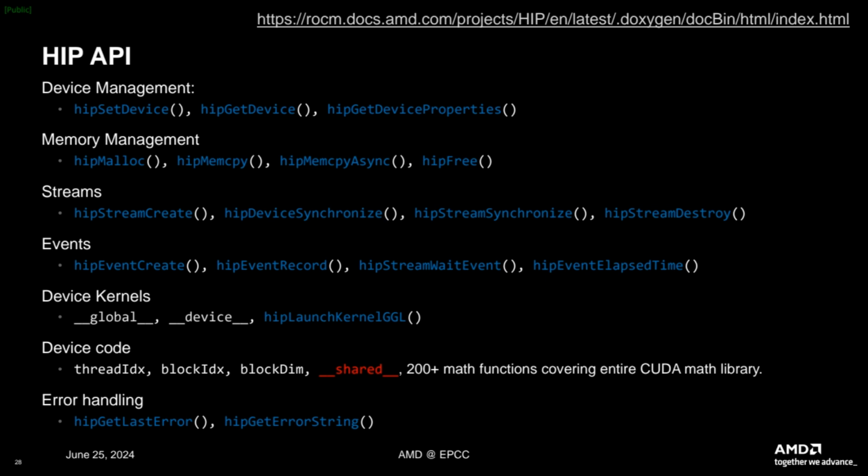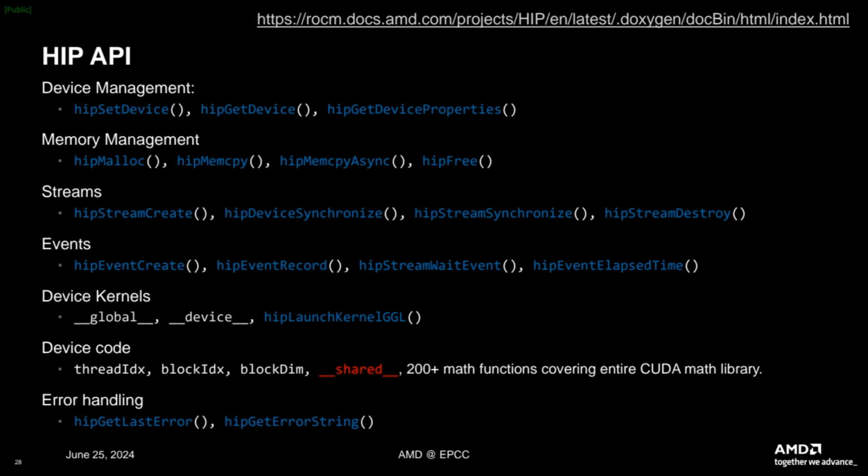Then we have a set of memory management calls that will allow you to allocate and or copy memory. We have calls that let you deal with the concept of streams that we will touch on briefly during this presentation, as well as events that basically let you synchronize between different streams, though we're not going to have time to go deep into those here.